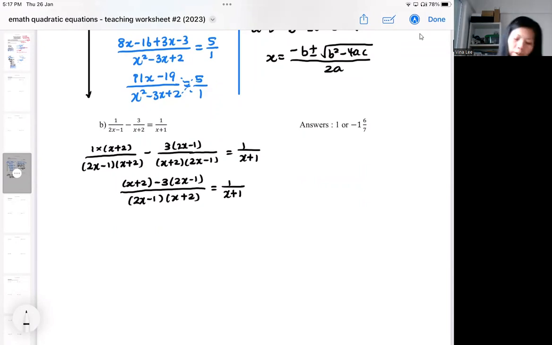Okay, so before you go on for your cross multiplication, make sure you simplify first. Okay, make sure there's no careless mistake.